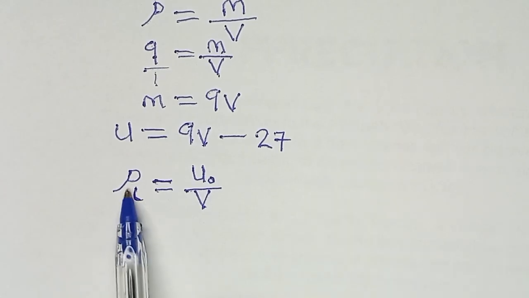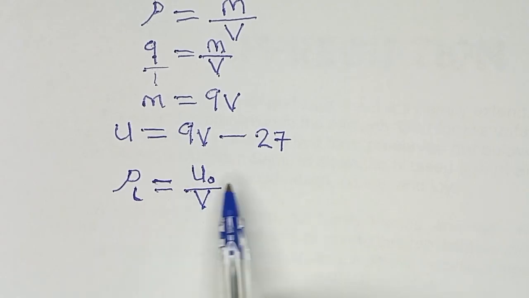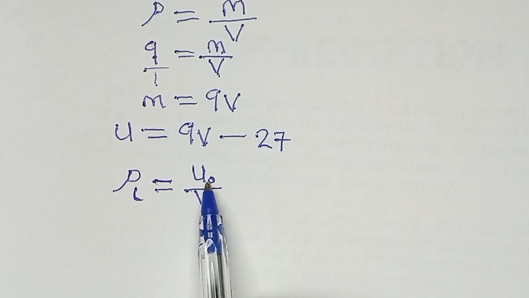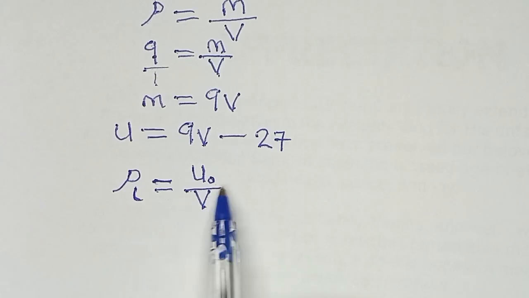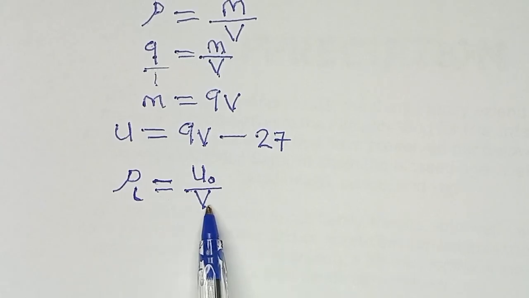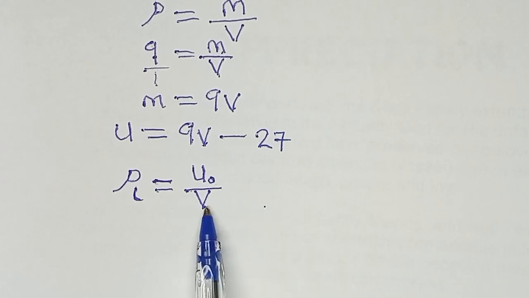So the density of a liquid, let me emphasize this formula, is equal to the upthrust of the object immersed in that liquid, divided by the volume of that object. This volume is always the volume of the liquid displaced, or you can also say the volume of the object itself.